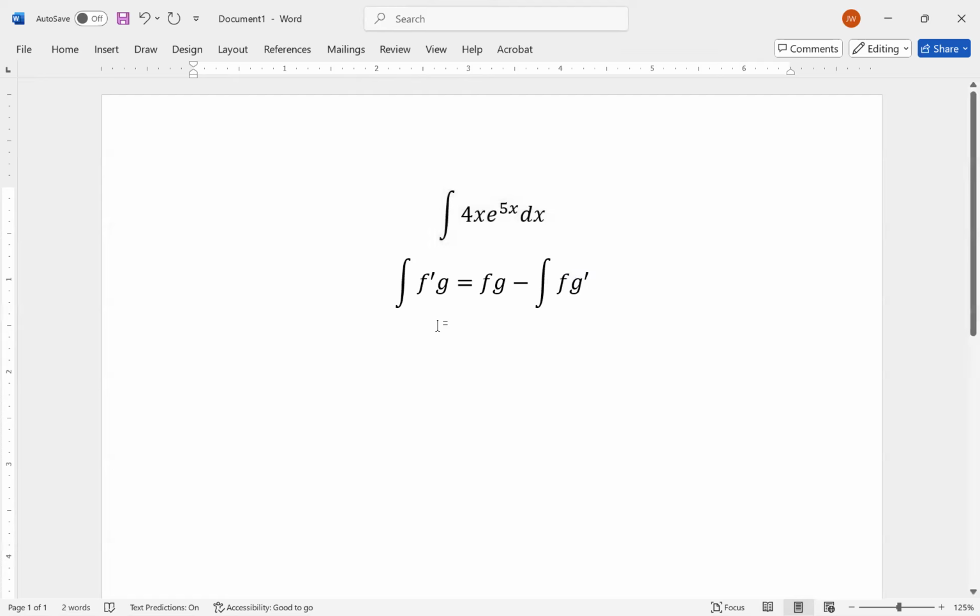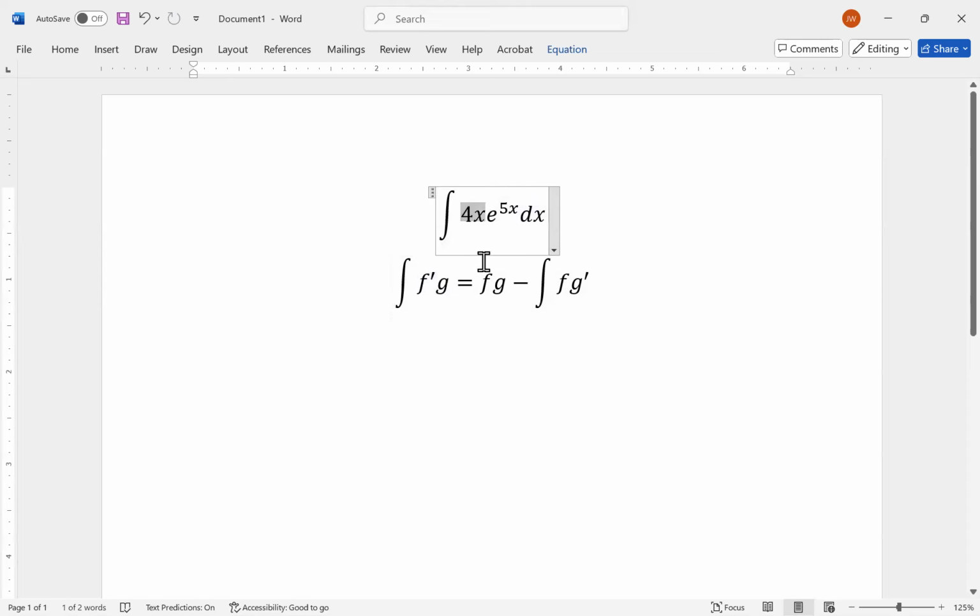So the basics are that I need to call either the 4x the f prime, or I need to call the e to the 5x the f prime, and I need to call the other one the g. So this 4x e to the 5x is f prime times g.